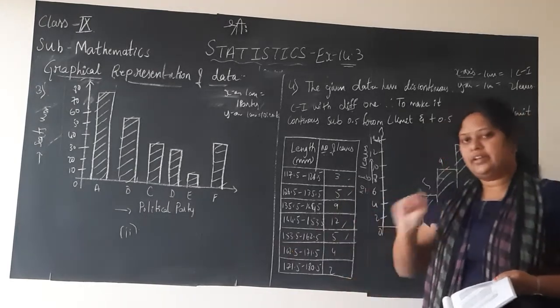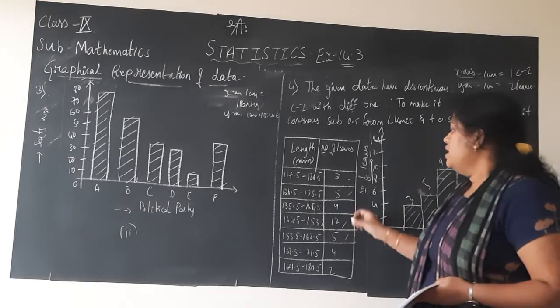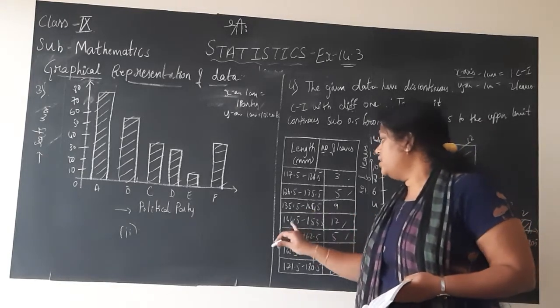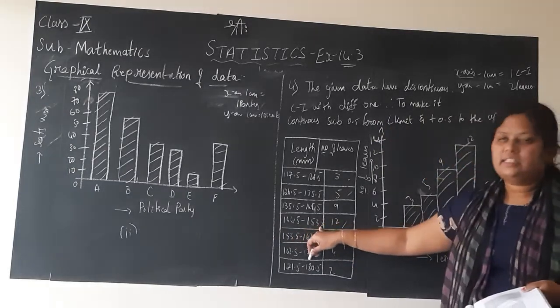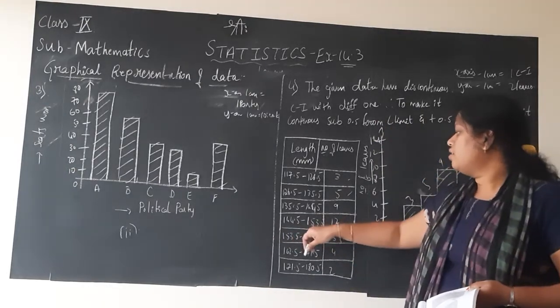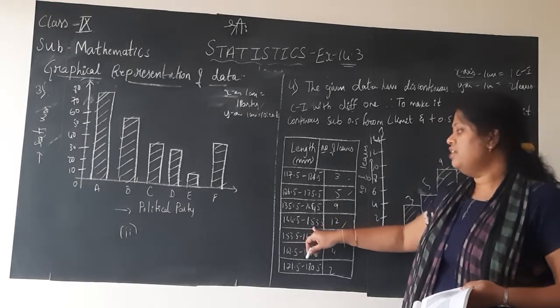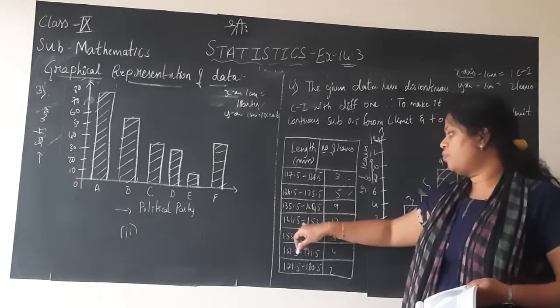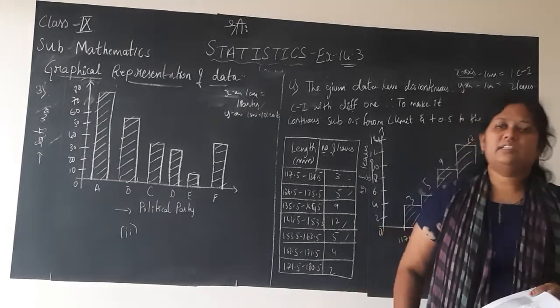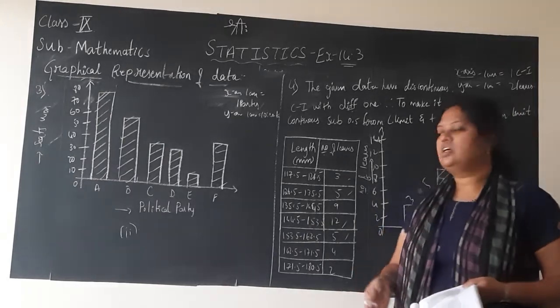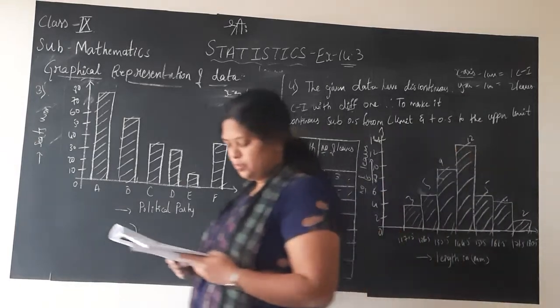You will write no, because it is in between the class interval 144.5 to 153.5, which doesn't mean all the leaves are of length 153.5, they are in between 144.5 and 153.5. You will write one sentence like this. If you want, you can put it in your own words as well. This is about the fourth problem.